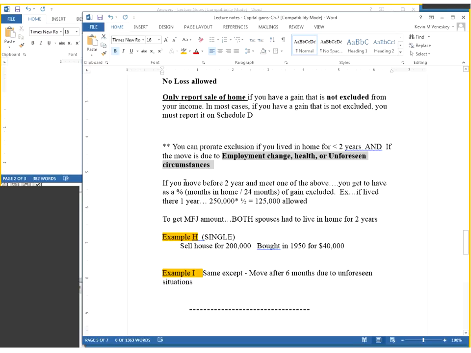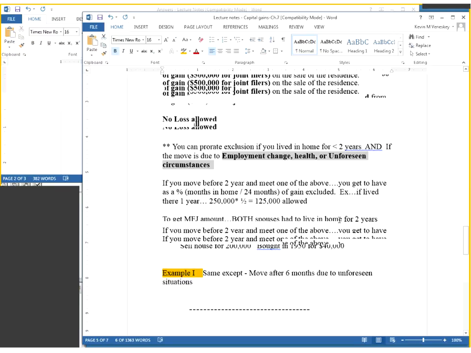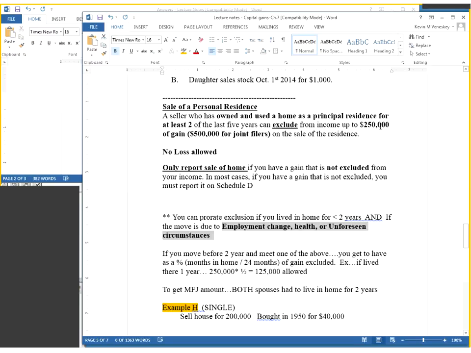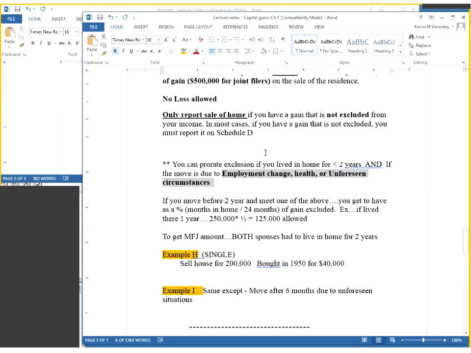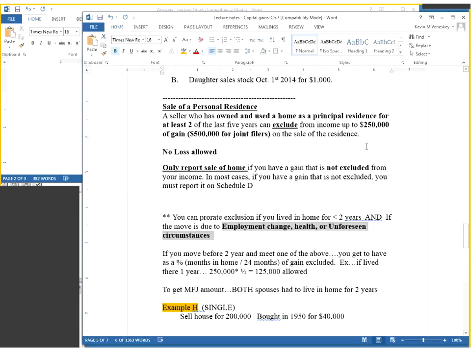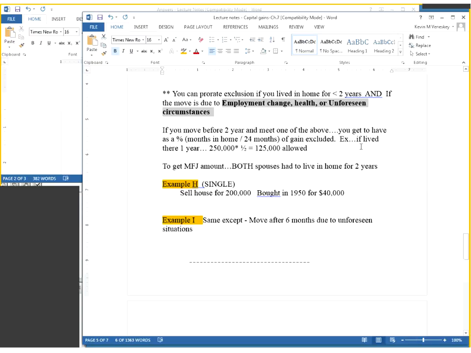So if you only live there 1 year, you get to take half. You can exclude up to $125,000, or $250,000 for joint. If you live there 18 months instead of 2 years, you get to take 3/4. So a nice big savings there for people with higher valued homes for sure.